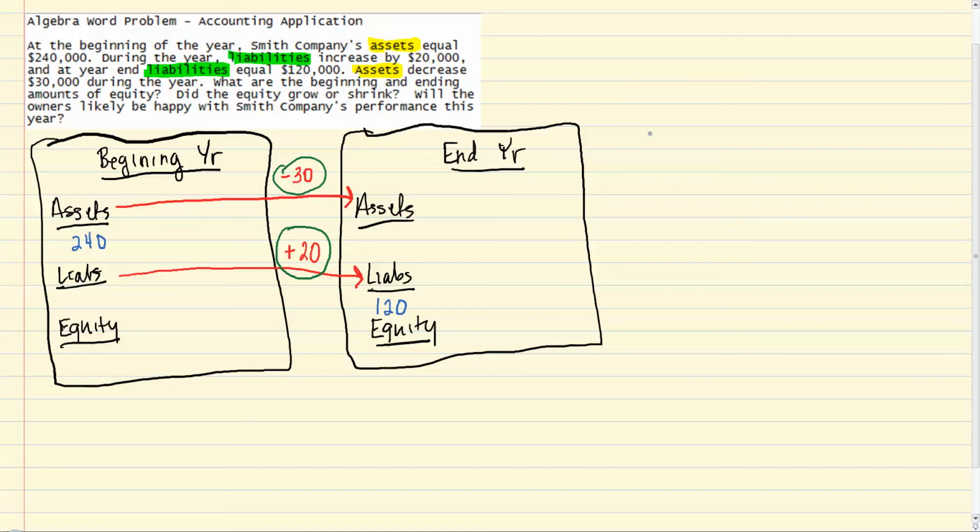For assets, we have 240 minus 30 equals x, or assets. That one's pretty straightforward. 240 minus 30 is 210, which means that our assets at the end of year will be 210.